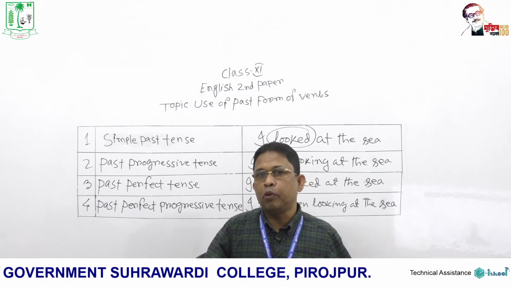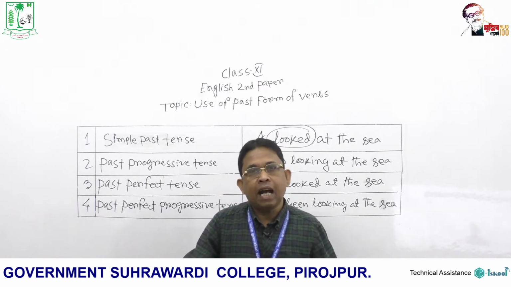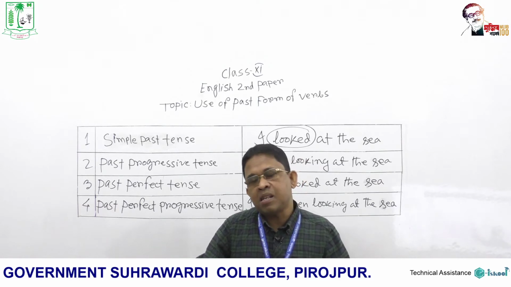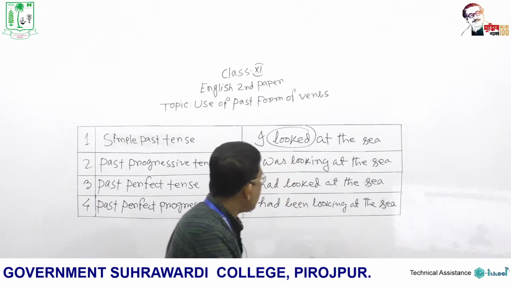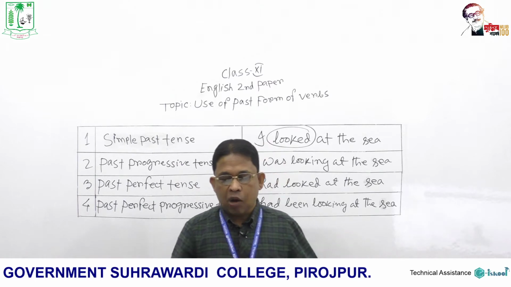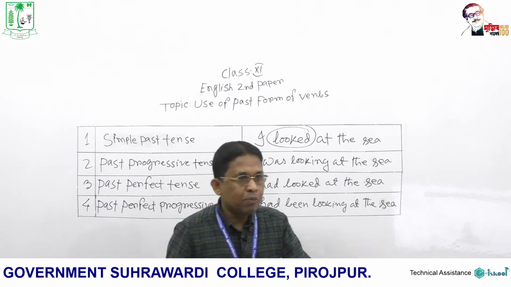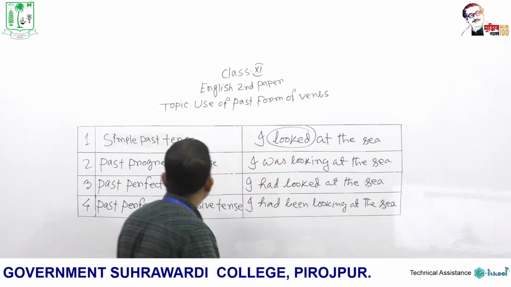The action of looking at the sea has already been completed by me. So, simple past tense simply describes an action which simply happened in the past. I can give another example. We visited the grocery yesterday. This is simple past tense.